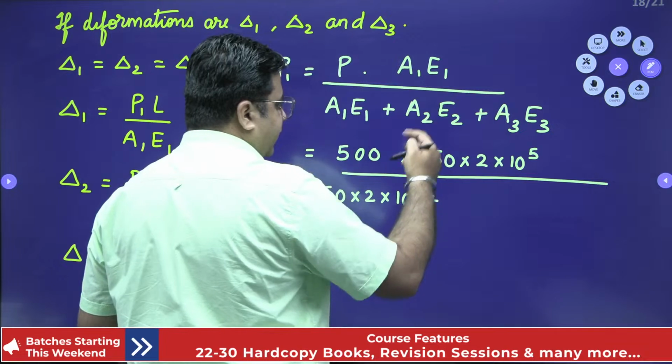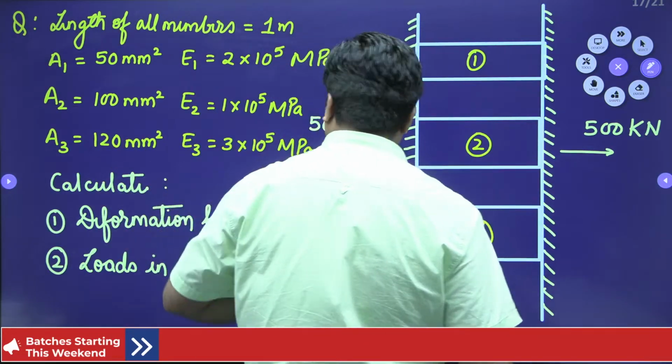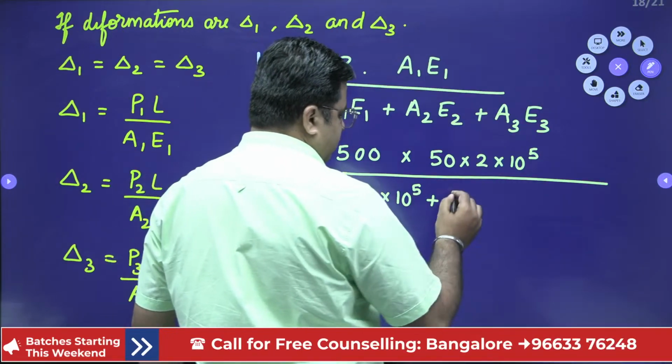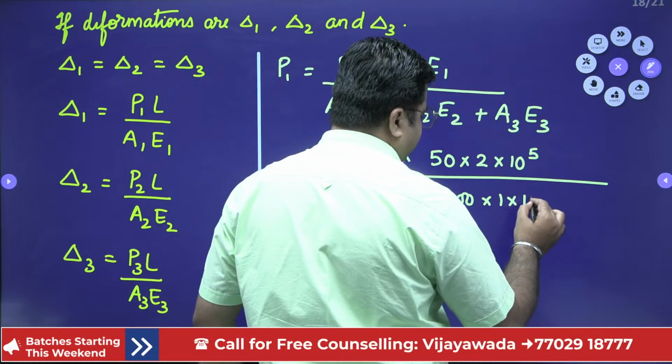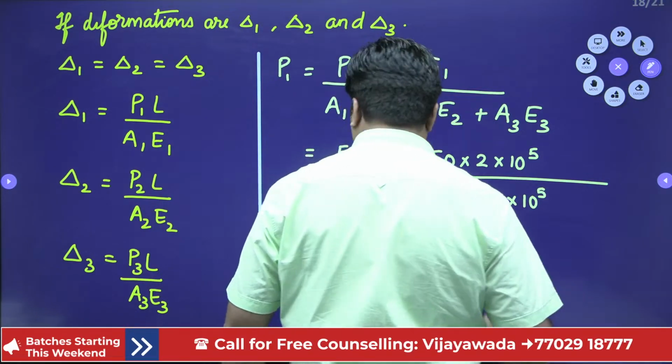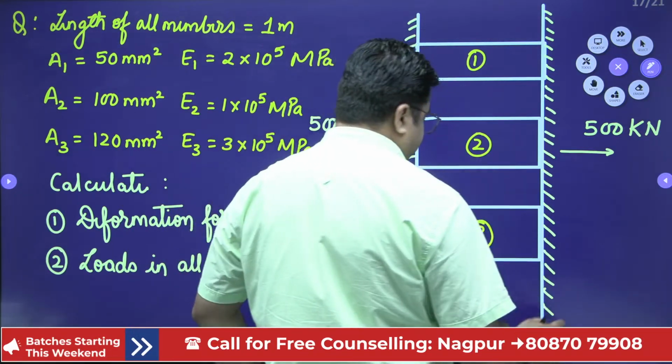Second, A2 is 100 mm square and E2 is 1 into 10 raised to power 5. So this is 100 into 1 into 10 raised to power 5. This is A2 E2. Then A3 E3 is 120 into 3 into 10 raised to power 5.